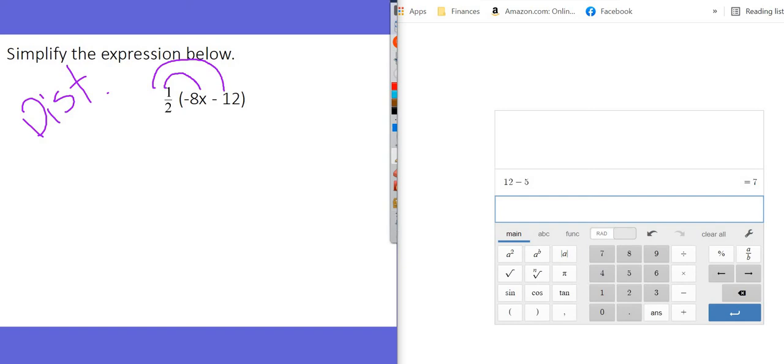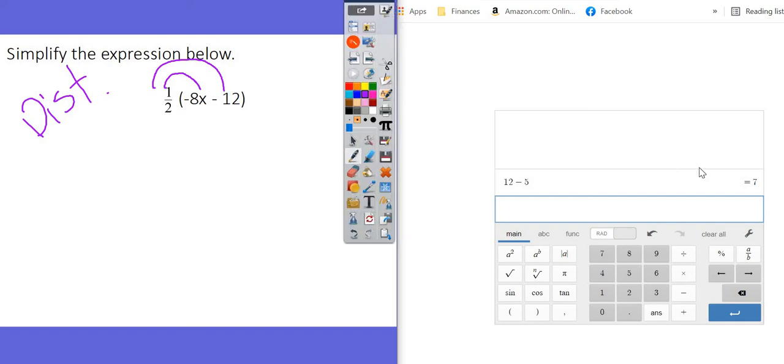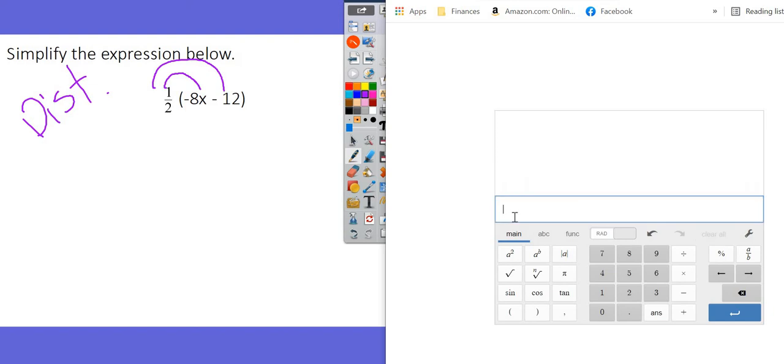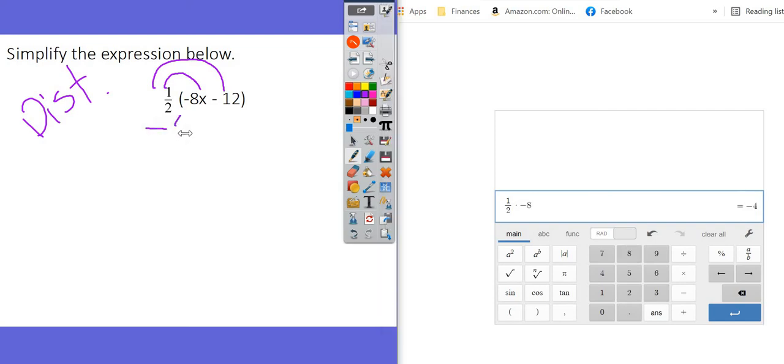We've got 1/2, and that's why we have Desmos, because it's so easy to put this in Desmos. So let's put in 1 divided by 2 and multiply that by negative 8. That gives me negative 4, and of course the x goes with it.